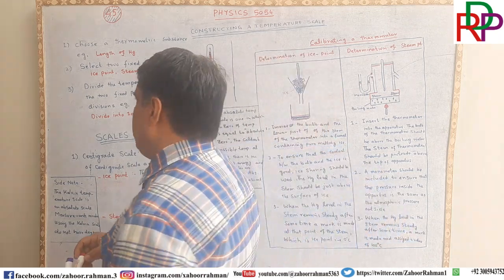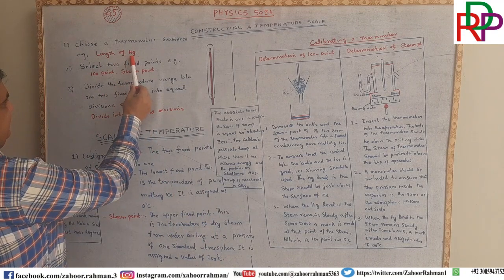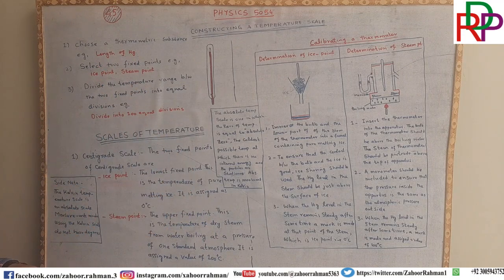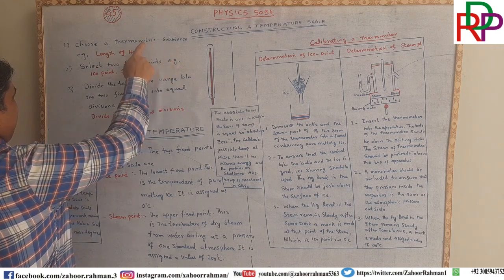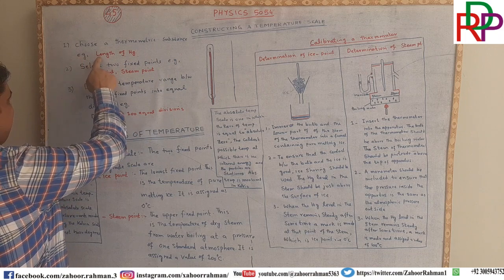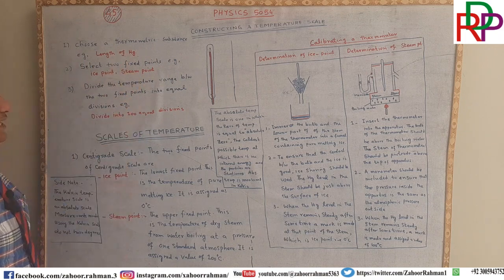In this case, we are taking the length of mercury. That is the physical property through which we will construct a thermometer. So choose a thermometric substance. For example, in this case, we are taking the length of Hg, the mercury.